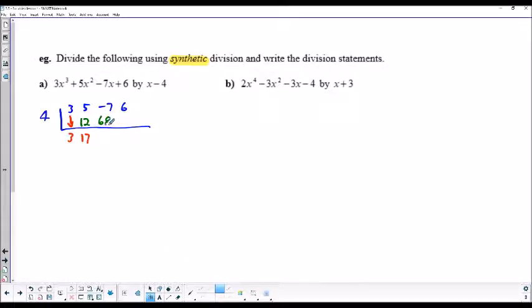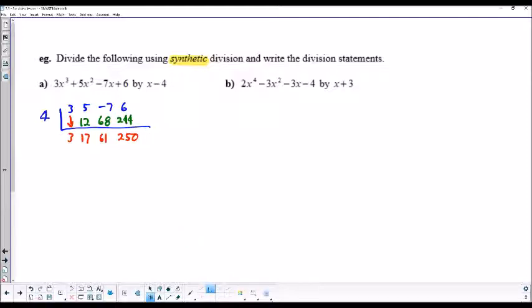Then we add -7 plus 68, and that gives us 61. Then we multiply 4 times 61 to give us 244. And then we add down, and that gives us 250.